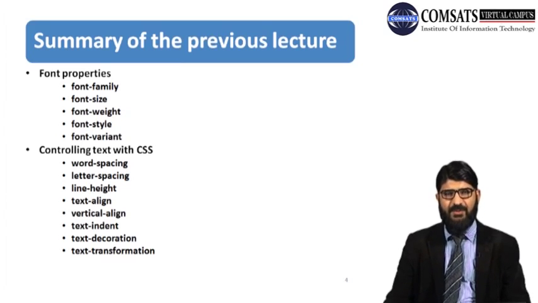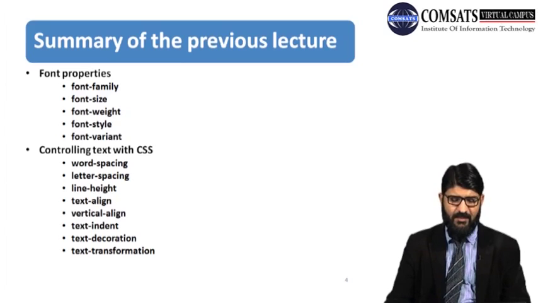You will always mention a property, a colon, and the value of that particular property. So the key properties for the text are, one, the word spacing. By using the word spacing, you can create space between different words.